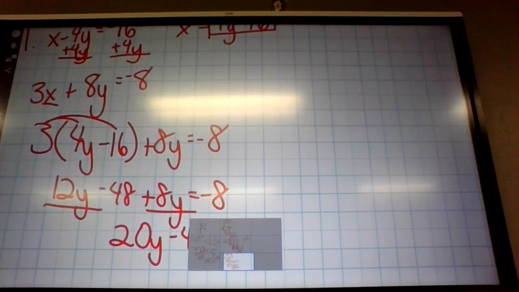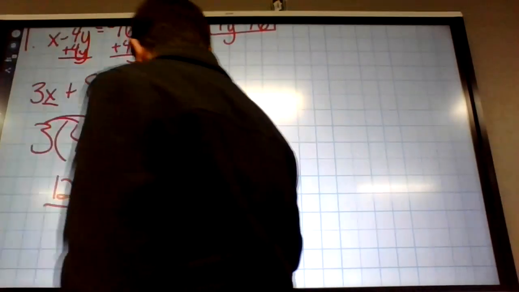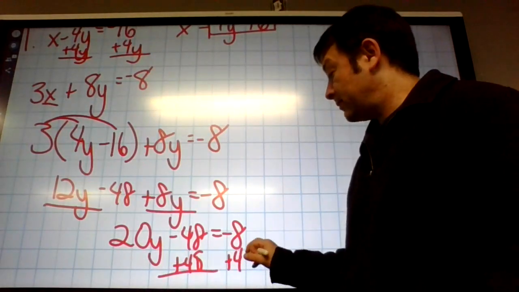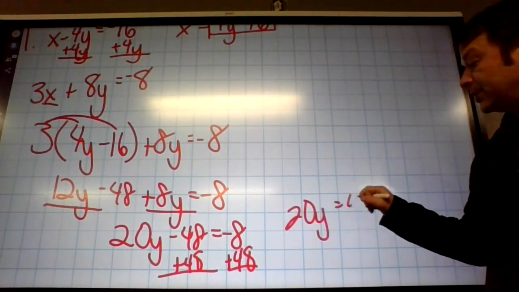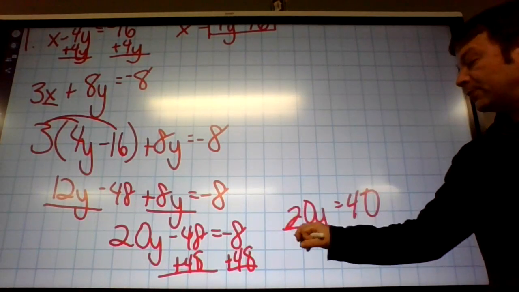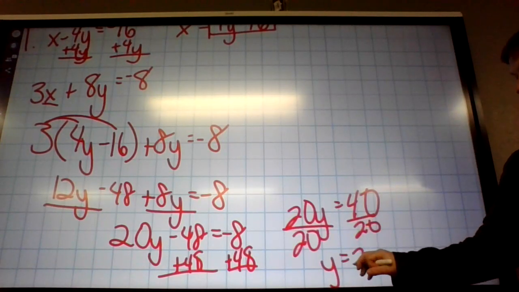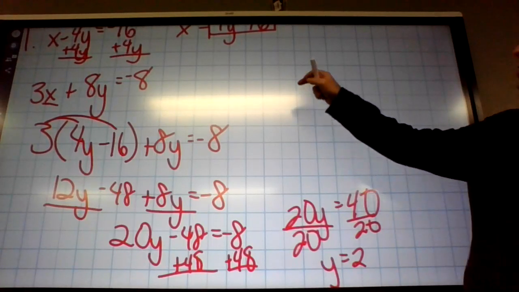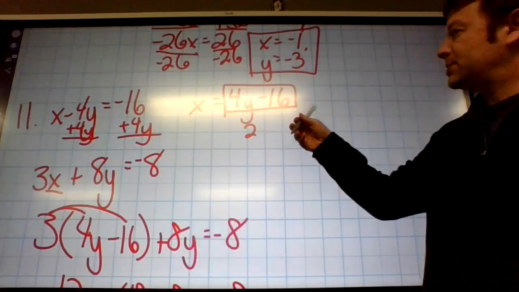Okay, just don't touch it. Add 48. Probably just need to get out this graph paper. So you get 20y equals 40. Therefore, y must be 2. And if I put 2 right here, 4 times 2 is 8 minus 16.